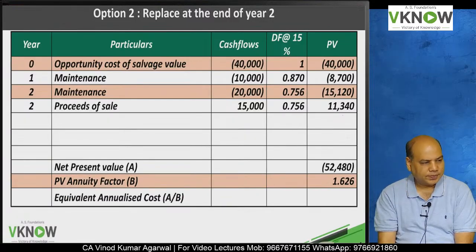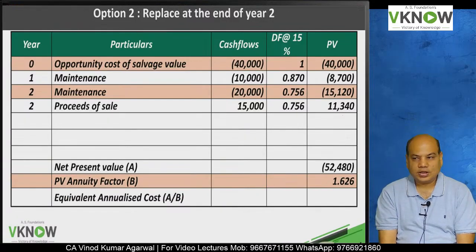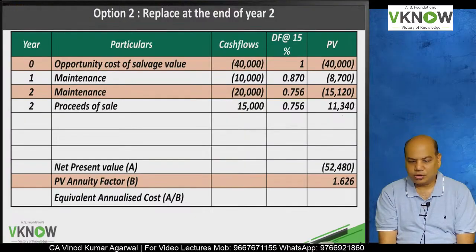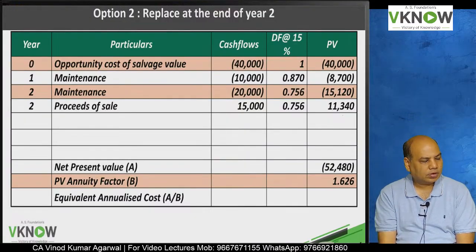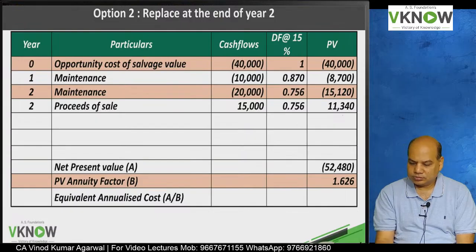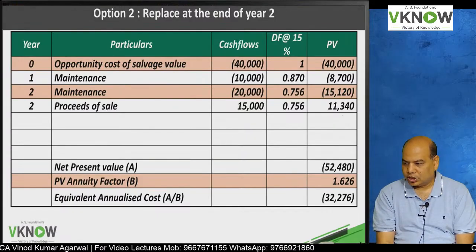Therefore EAC is A upon B, 32,276. Check.